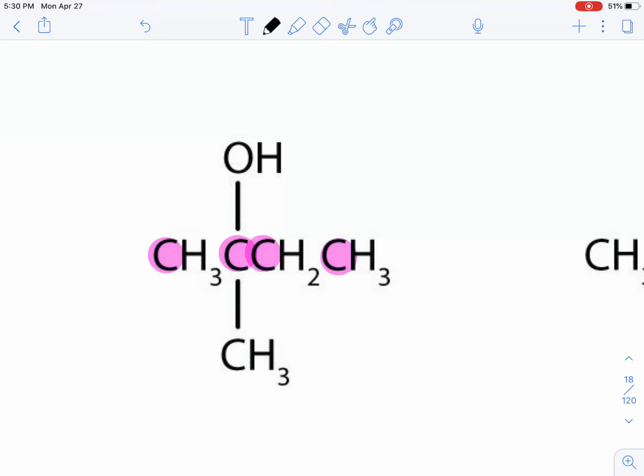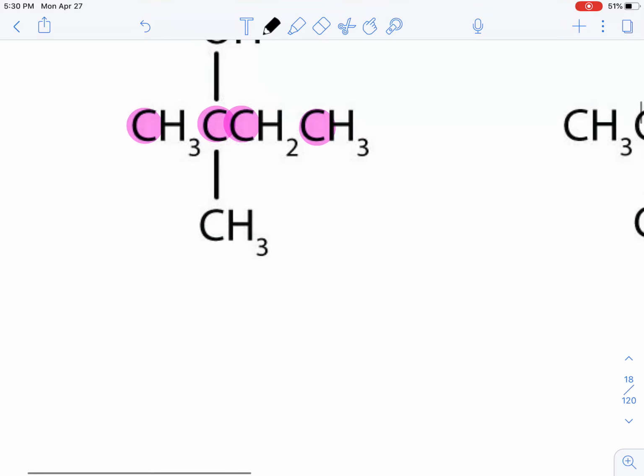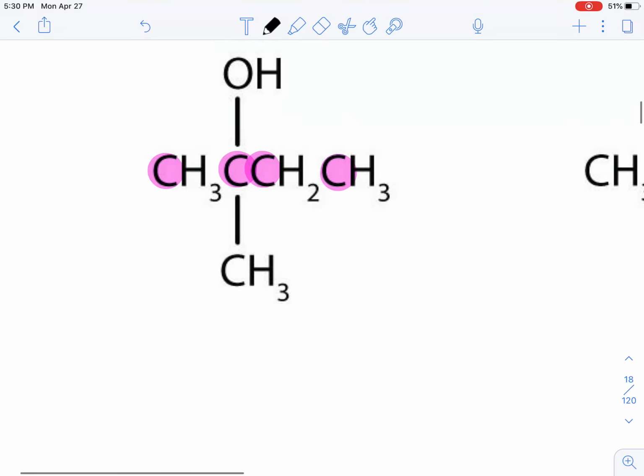And so the next step is to name the parent chain. So I know that I have 4 carbons, so that's butane. I'm going to drop the E, and I'm going to add in ol. So butanol.